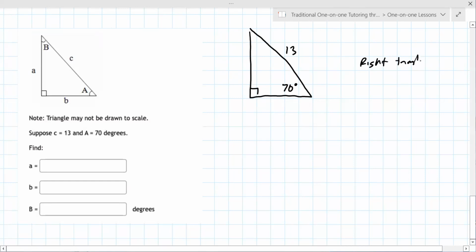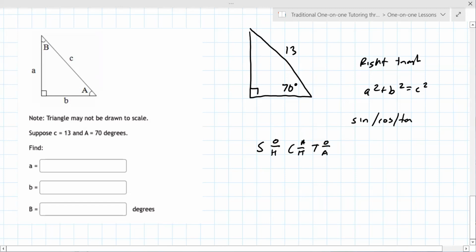Okay, so when you have a right triangle, which the other one was, you have A squared plus B squared equals C squared at your disposal. And you also have sine, cosine, and tangent. I referenced those in the previous problems, but I'm hoping that you know these relationships when I'm writing this.